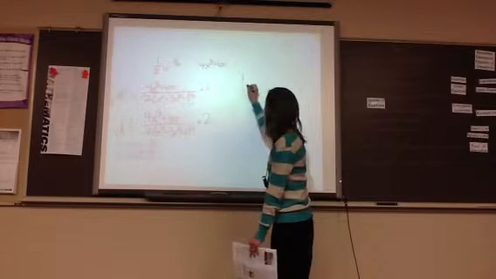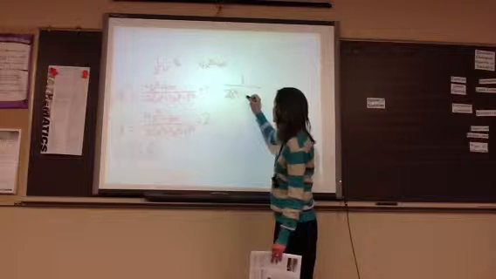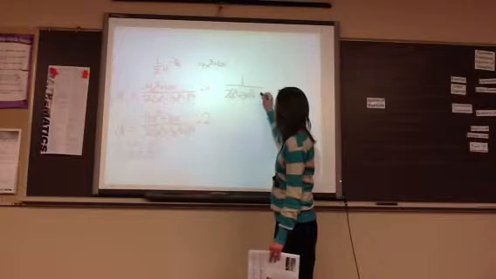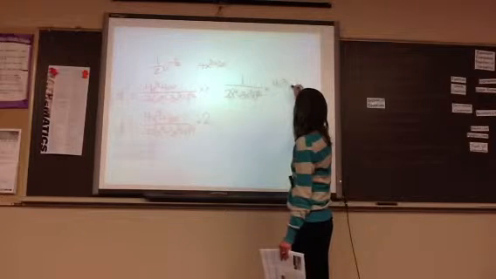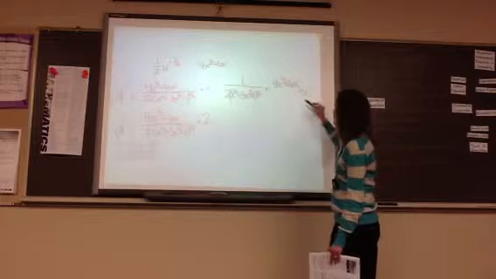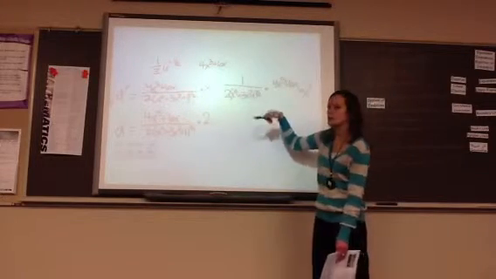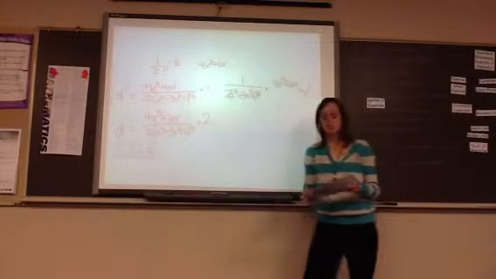Sometimes you guys write it like this, because you don't want to put that on top. And then after that, you just plug in 2. Some of you like to write it like that, where you don't have it on top. And you can do that. That's fine.